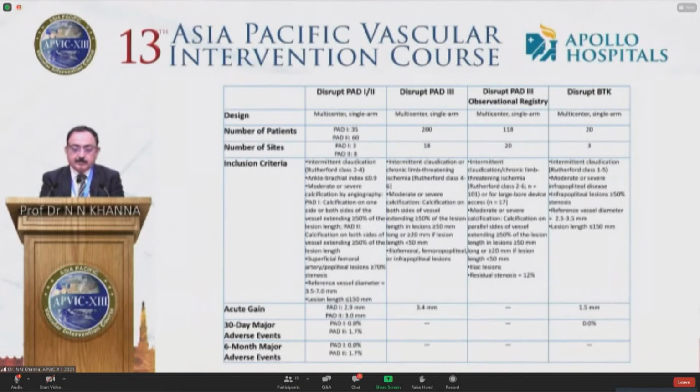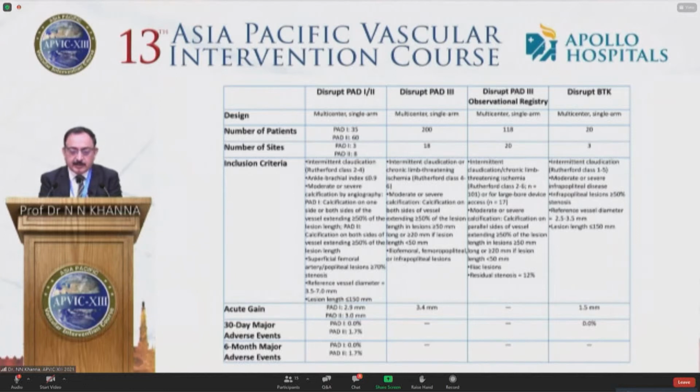Now, this hypothesis was tested in the lab and then on the animal models and then in the human trials. And we had 4 trials: the Disrupt PAD 1 and 2 trials, Disrupt PAD 3 trial, and then an observational study, the Disrupt PAD 3 registry, which is a multicentric, single-arm registry.